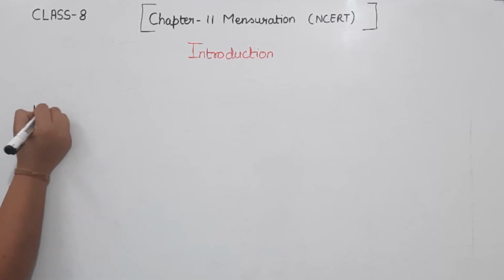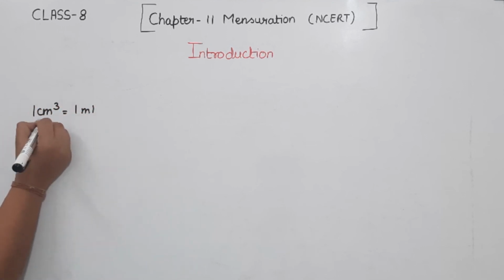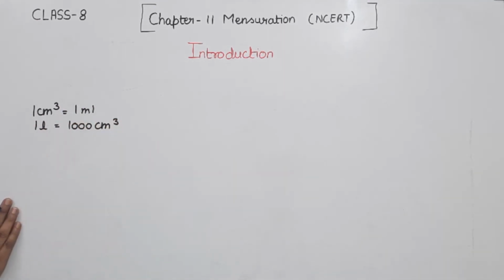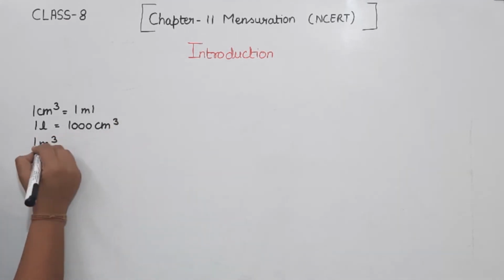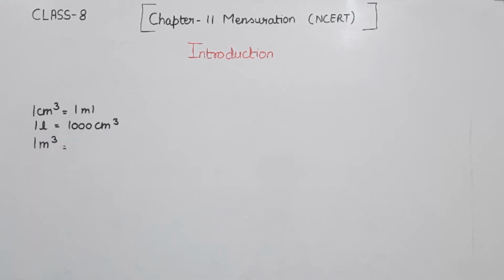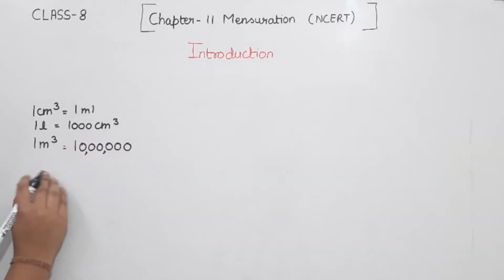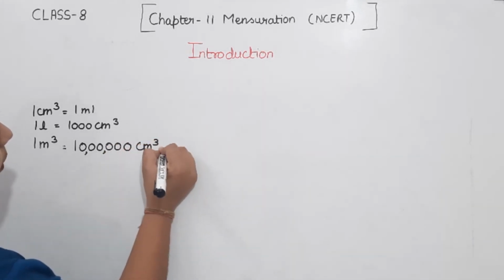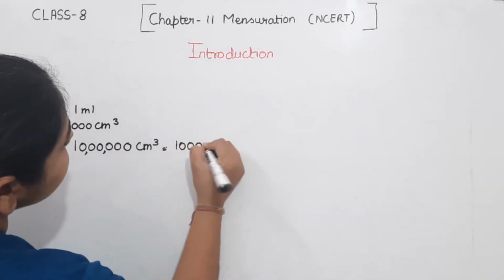We know that 1 centimeter cube is equal to 1 milliliter, and 1 liter is equal to 1000 centimeter cube, and 1 meter cube is equal to 10 lakh centimeter cube, and this is equal to 1000 liter.